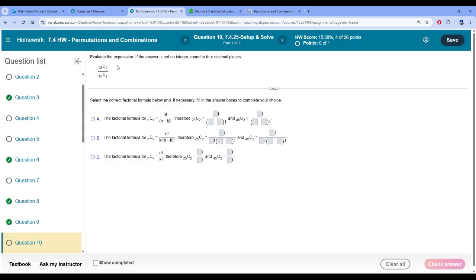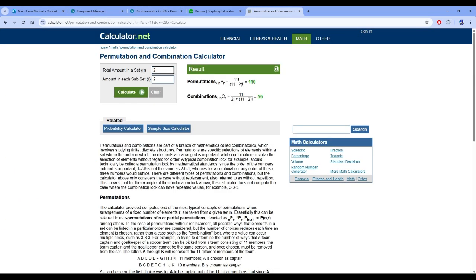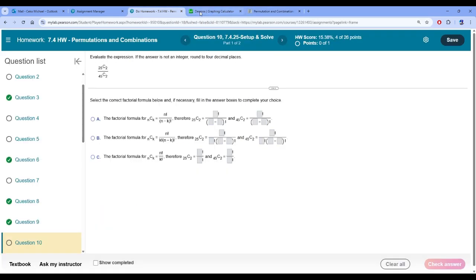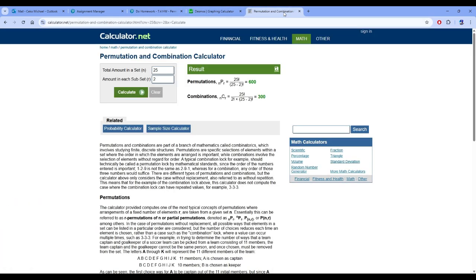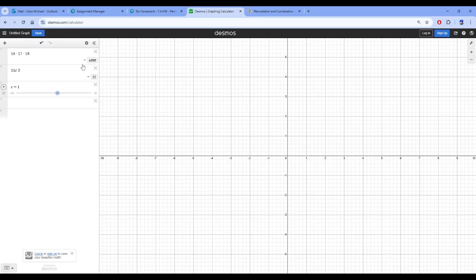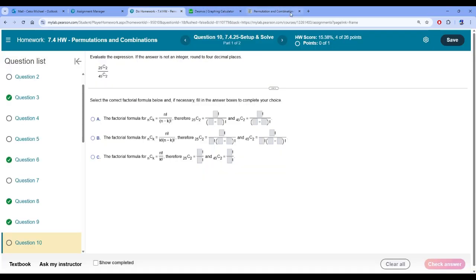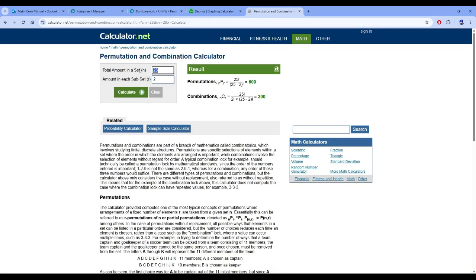So 25C2. We could just calculate 25C2, that's 300, and 45C2. That's going to be 300 divided by 45C2. 45C2 is 990.